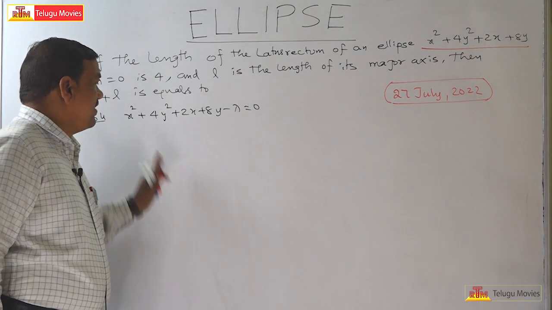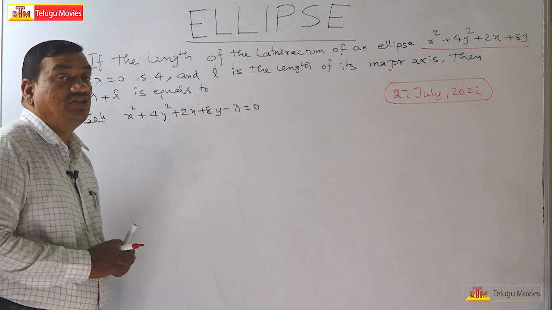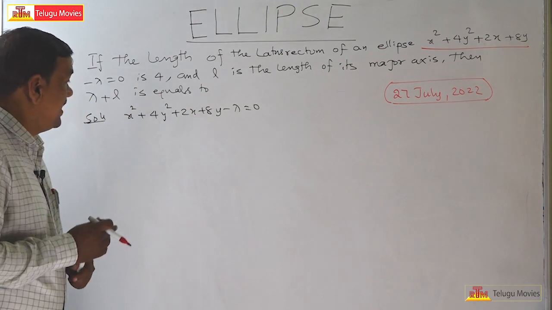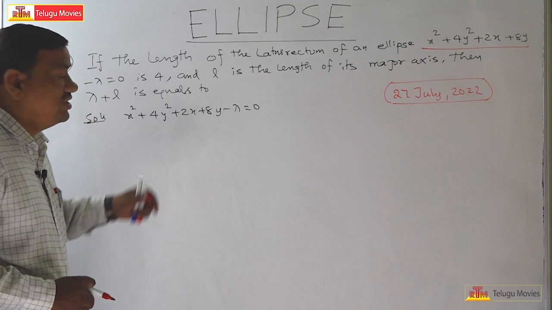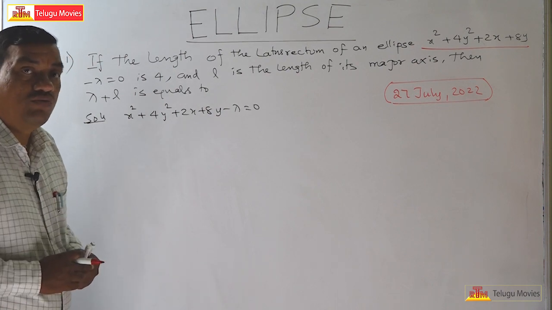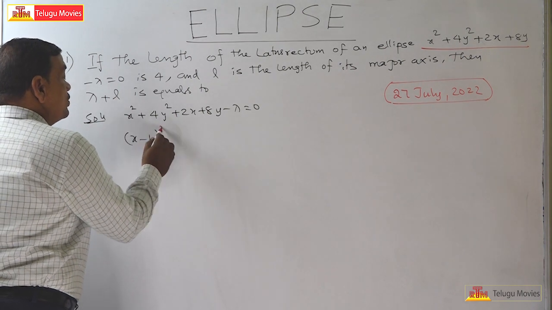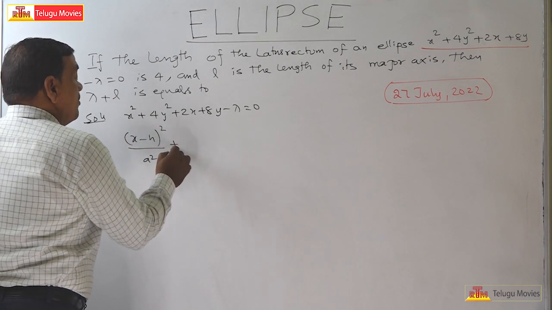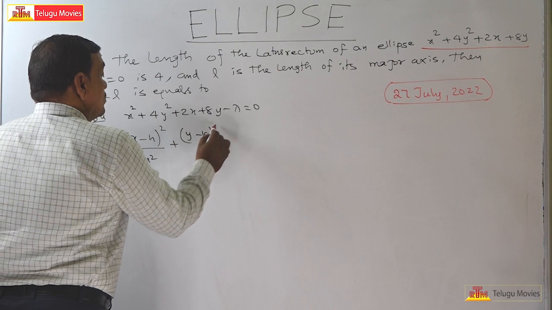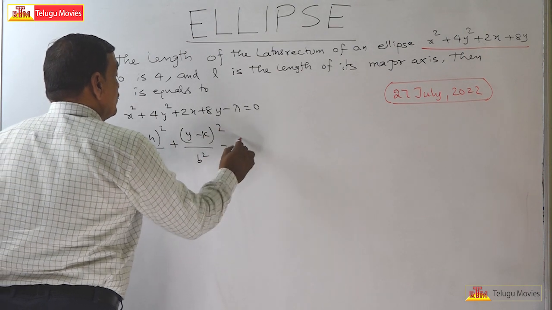Whenever such a second degree non-homogeneous equation is given, immediately you have to convert this into the form x minus h whole square by a square plus y minus k whole square by b square is equal to 1.